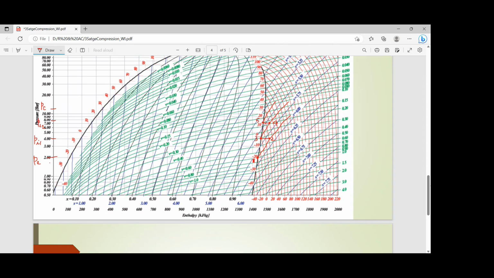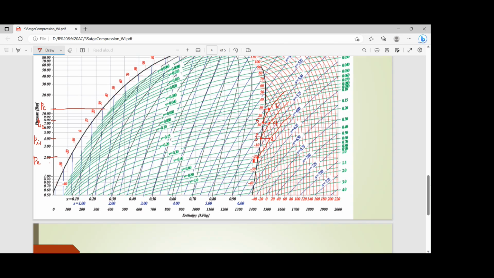Drawing the entropy lines is the challenge for me over here. Okay, and I have to fix it on 12 bar. So let's say this guy over here. So this is 6. And I have to just draw a 12 bar line, a straight line.